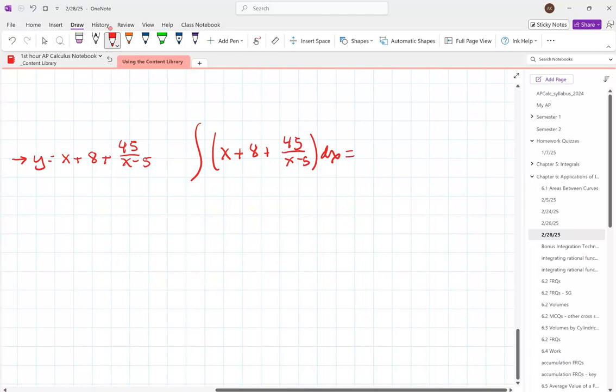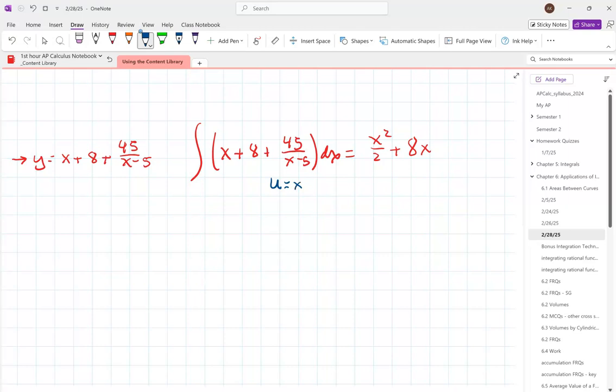So the integral, or the antiderivative of x is just x squared over 2. The antiderivative of 8 is 8x. And then to do the antiderivative of 45 over x minus 5, that's going to be a u sub problem. So that becomes 45 times 1 over u.